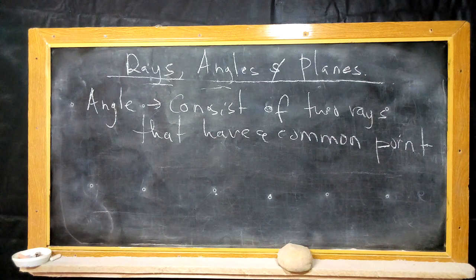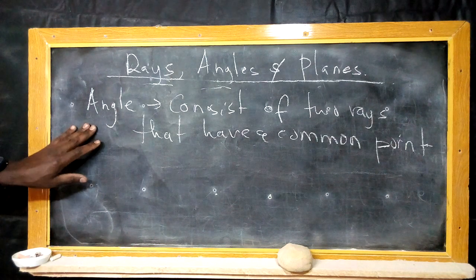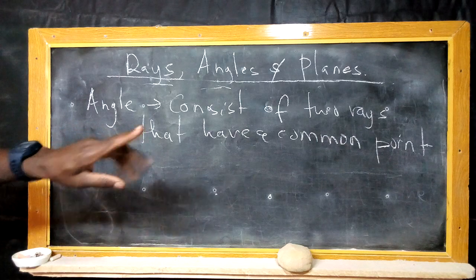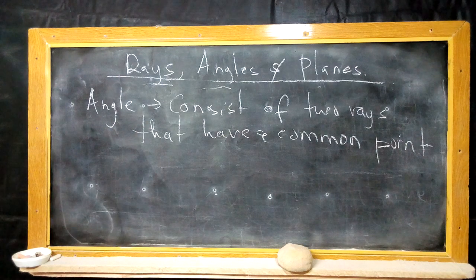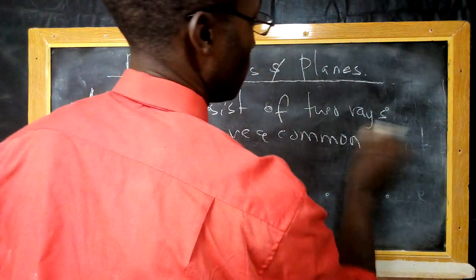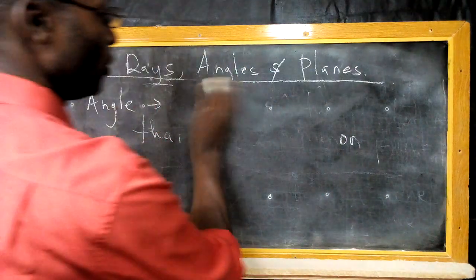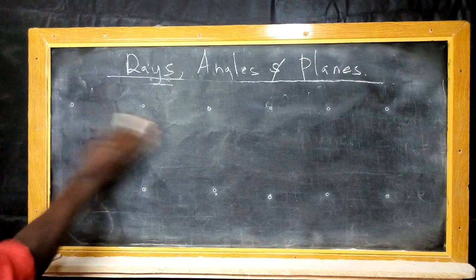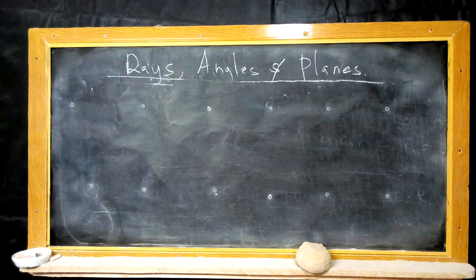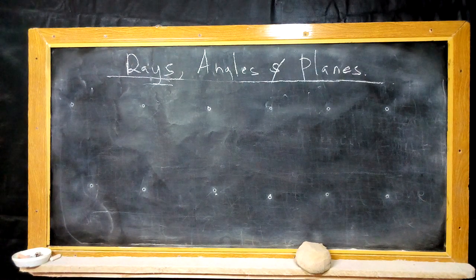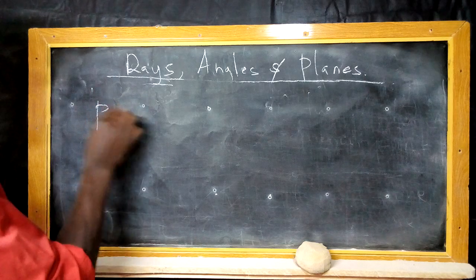We're going to see that one in terms of measurements. So in this case, we can simply say that an angle consists of two rays that have a common point. As we're going to draw, we're going to use these aspects of segments and rays in order to have a broader definition of what an angle is. But in that case, it consists of two rays that have got a common point. So suppose I have ray PQ.